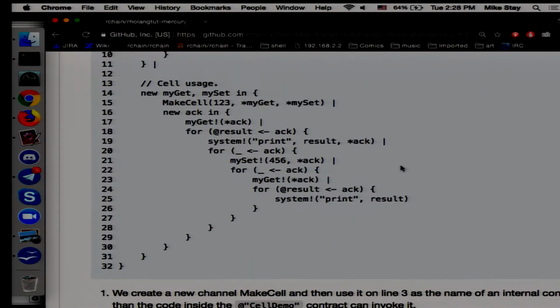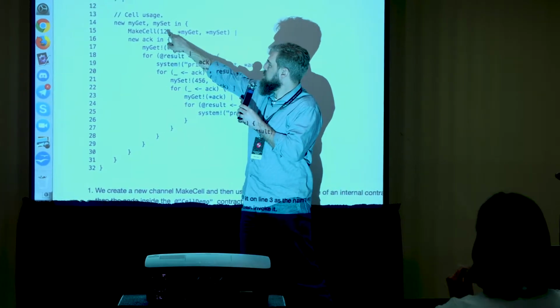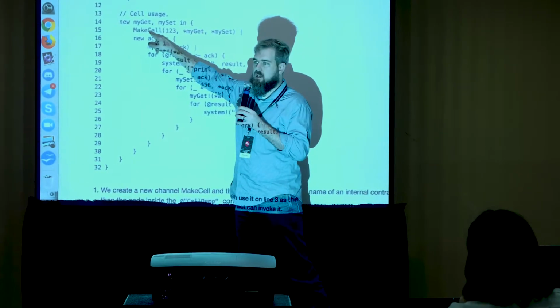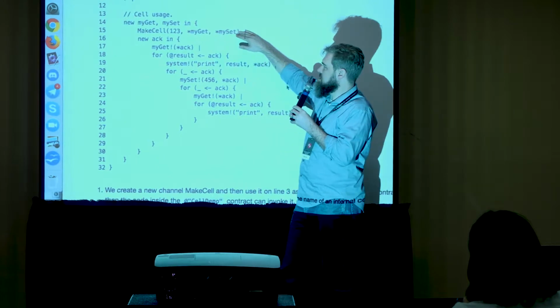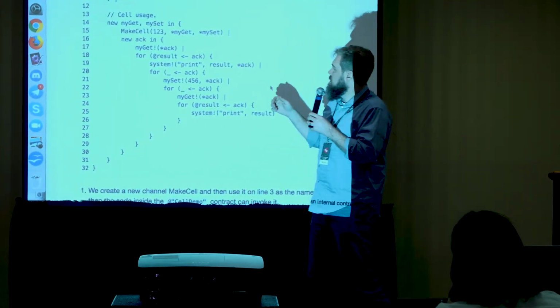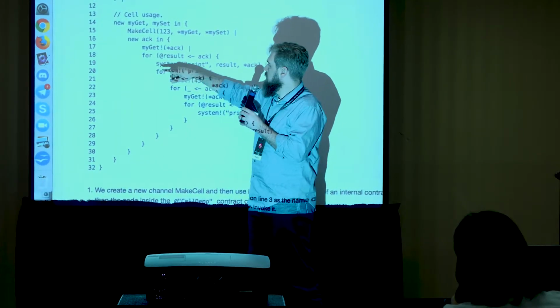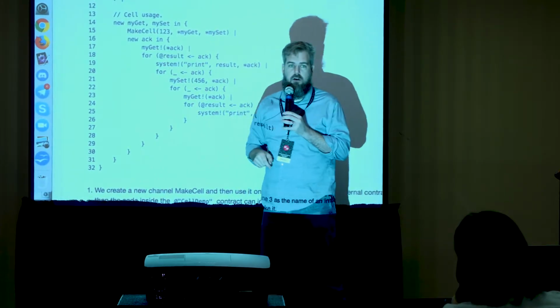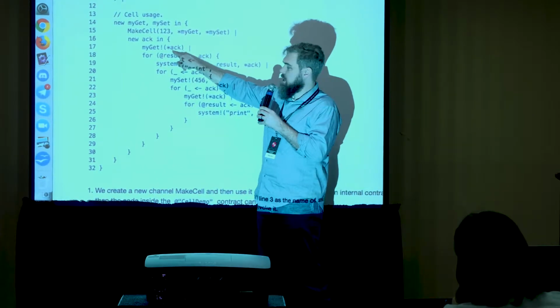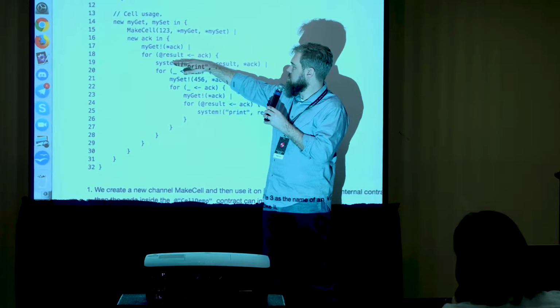Here's an example of the usage. So as a client, I am creating the get and set channels. I provide them with the initial value to make cell. So this creates a running instance of the cell that I can interact with. Then I create a return channel for it to talk back to me on, and I say, get the current value, and send it to me on ACK. Here I am listening for the result.